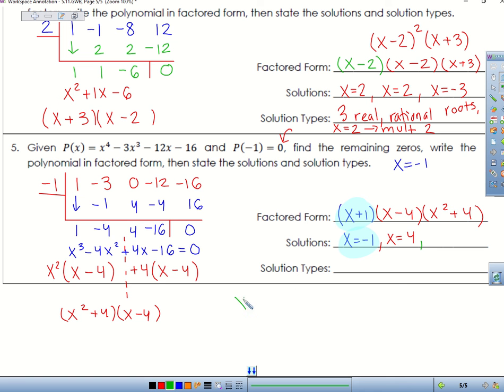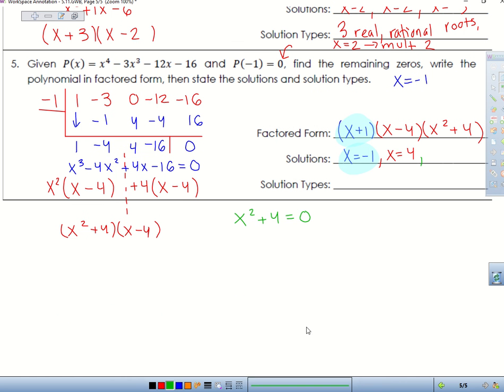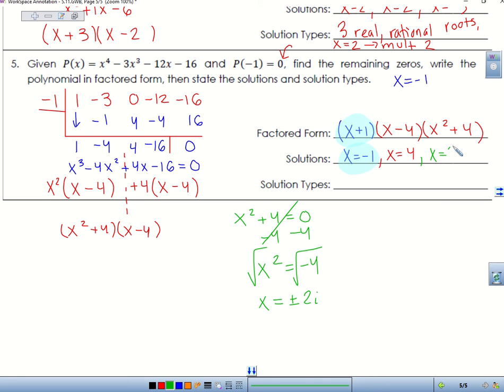X squared plus 4. How would I solve that? Square root. Eventually, yeah. You're right. We've got to do one more thing first. Plus or minus 2i. Everybody understand why it's 2i? Plus or minus. Of course, we have the negative and the positive.